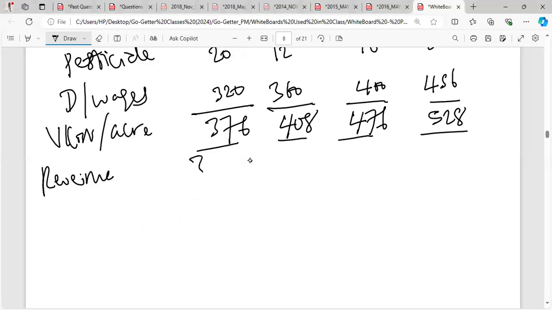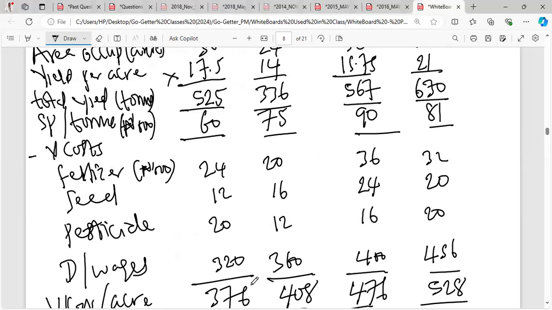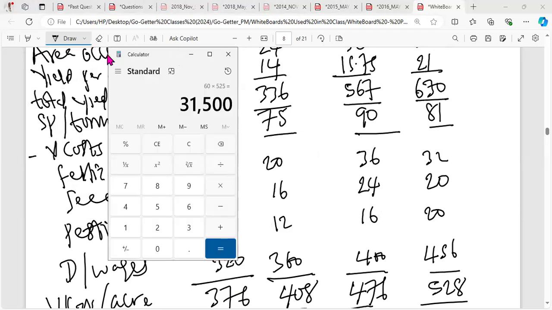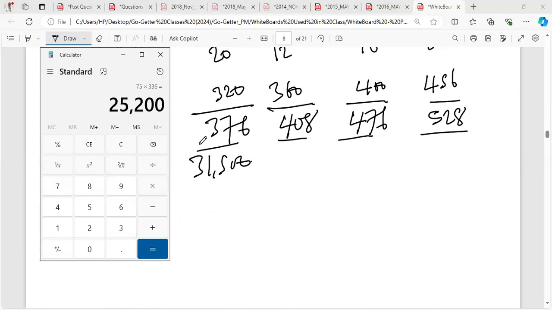That will give me 31,500. Of course, there are 3 zeros here. Then the next one is 75 multiplied by 336. 25,200.